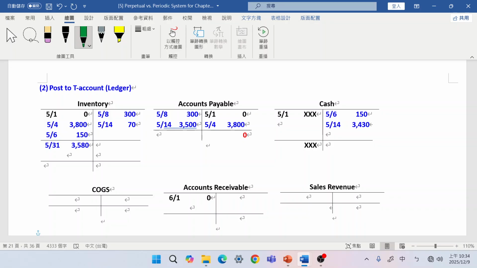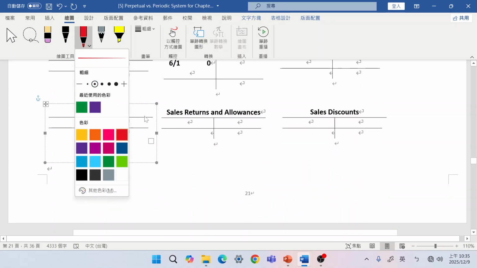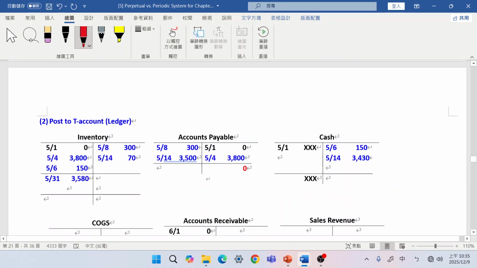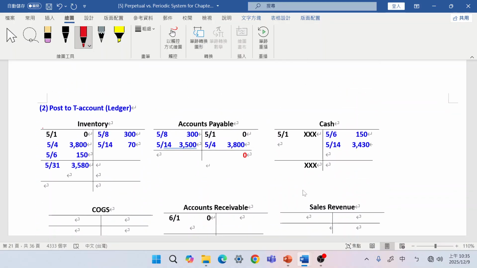You are doing the sellers already, right? But you haven't written down the seller's journal entry. How could you post to your T account? We just focus on buyers right now. Okay, so based on the buyers here, what two things did you find out? First thing I want to let you know is, did you find out that some accounts have a beginning balance?